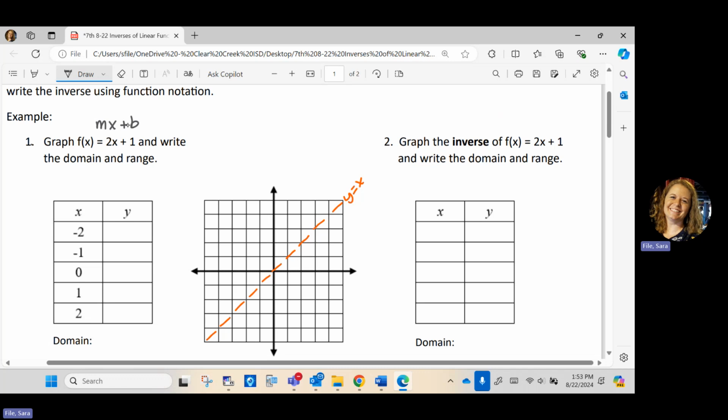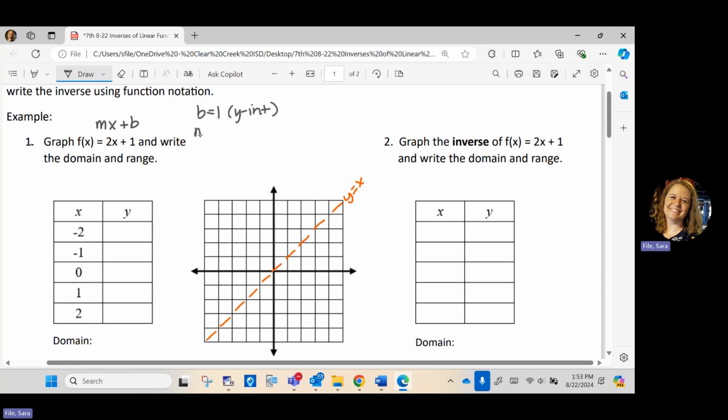What part of that is the y-intercept? The m or the b? The b. So our y-intercept is what here? 1.